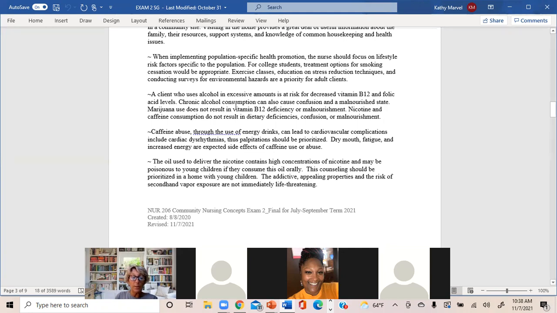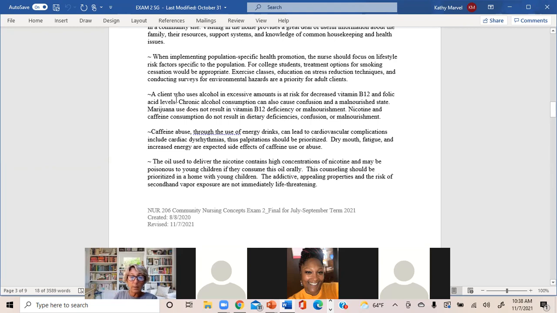And then we have some information in this next paragraph, this comes from the chapter, and we covered alcohol, tobacco, and other drugs. Right, again, some more essential knowledge. It talks about alcohol being used in excessive amounts. It also talks about chronic alcoholism, chronic alcohol. It talks about marijuana.